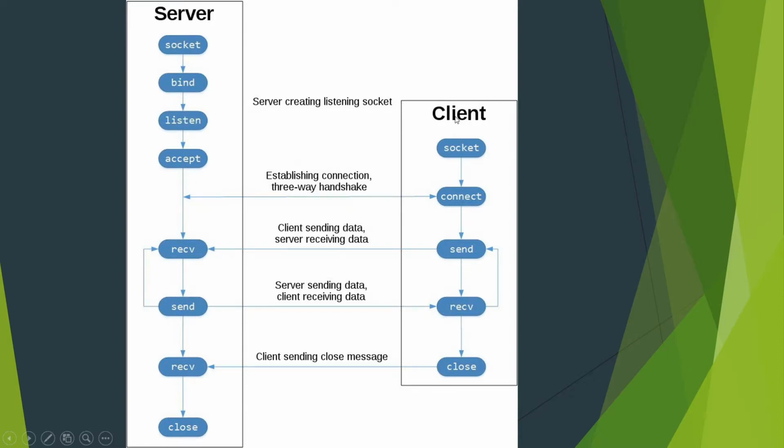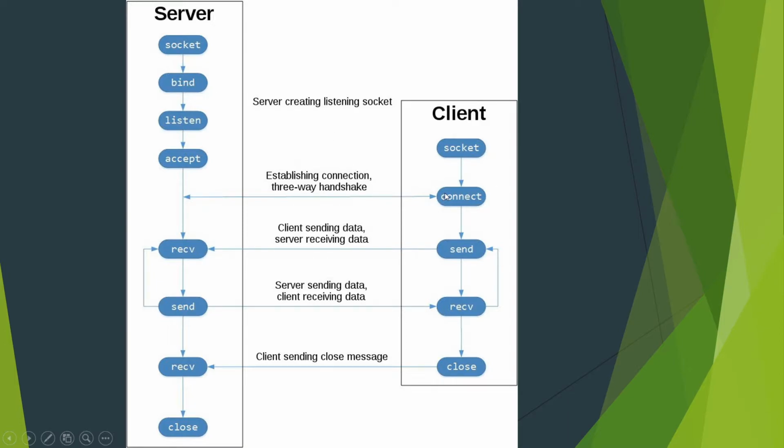On the client side we create the socket in the same manner as the server socket, but instead of binding and listening we call connect. We connect using the IP address and the port number, because the server is bound and listening on the IP address and port number specified.